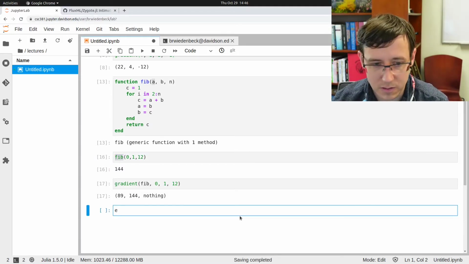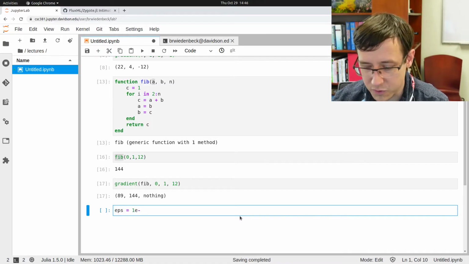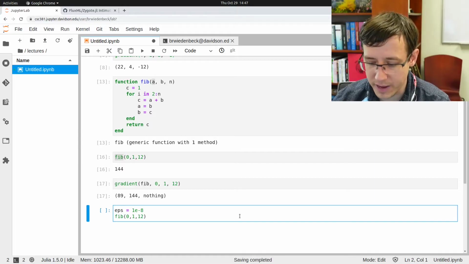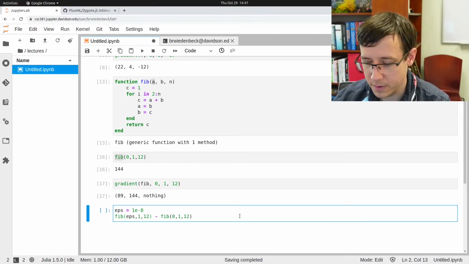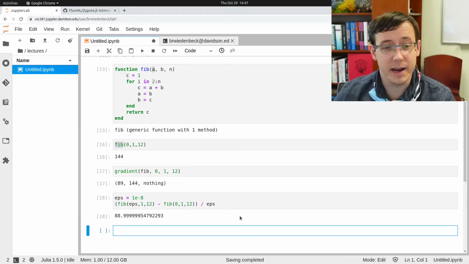So let's set an epsilon to some small value, and then we can compute fib on 0, 1, 12, and compare that to fib computed on epsilon, comma 1, comma 12, and then divide that by epsilon, and we get approximately 89.